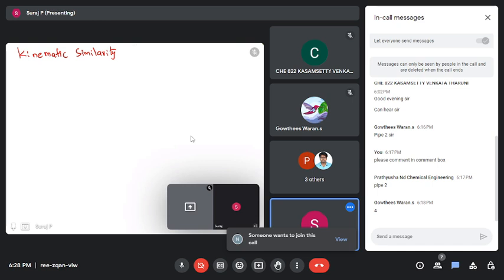The ratio of these forces should be equal in model and prototype. Let us consider the Reynolds number. We know that the Reynolds number is the ratio of inertial force and viscous force.